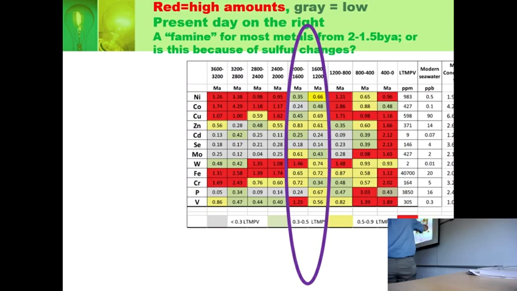Now the molybdenum famine is this little spot right here. But if you look at this, this is sort of a little bit earlier, the boring billion, and it looks like there's a famine in multiple things at once. And this doesn't really show up in other records. I'm sort of intrigued by it, but I'm also worried that that could be an artifact. So I want to sort of look past this when I'm looking at this.